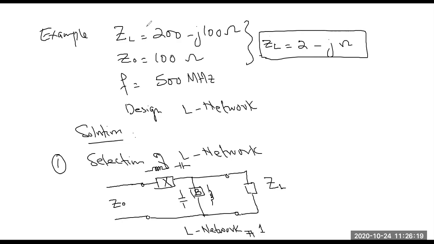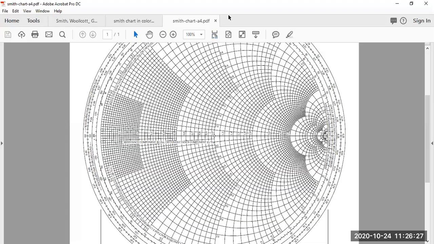So this is the Smith chart, and we located our values over here. It was at this point. Let me change to red color. So this is ZL.